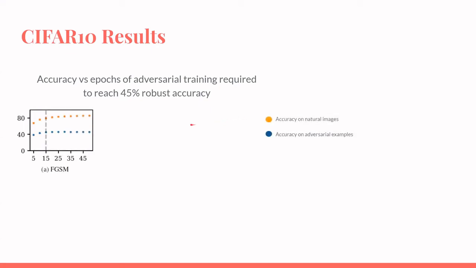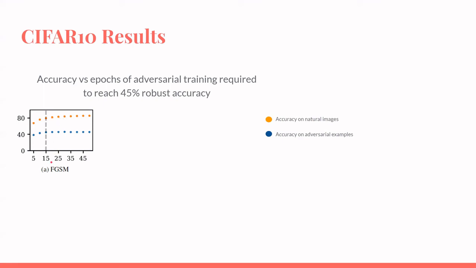Here we see a graph of blue and orange dots, where blue represents the adversarial examples and the orange dots represent accuracy against natural images. These data points are the average performance over 3 independent runs.